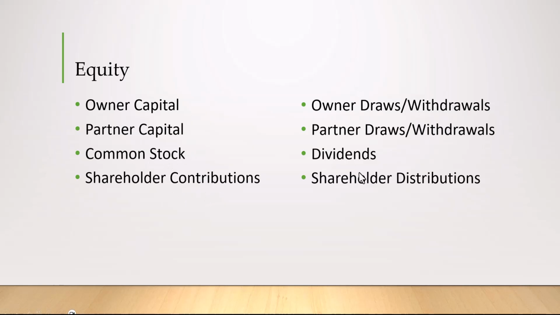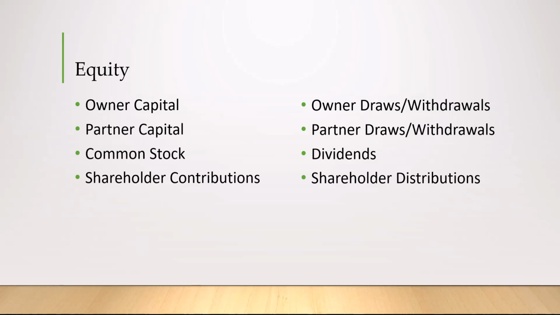But over here on the right, I have account names that are related to the owner drawing money out. So for a sole proprietorship, it might be called owner draws or owner withdrawals. For a partnership, partner draws, partner withdrawals. Now, keep in mind that you would have a separate equity draw account for each partner so that you could keep track of how much each partner withdrew from the business.